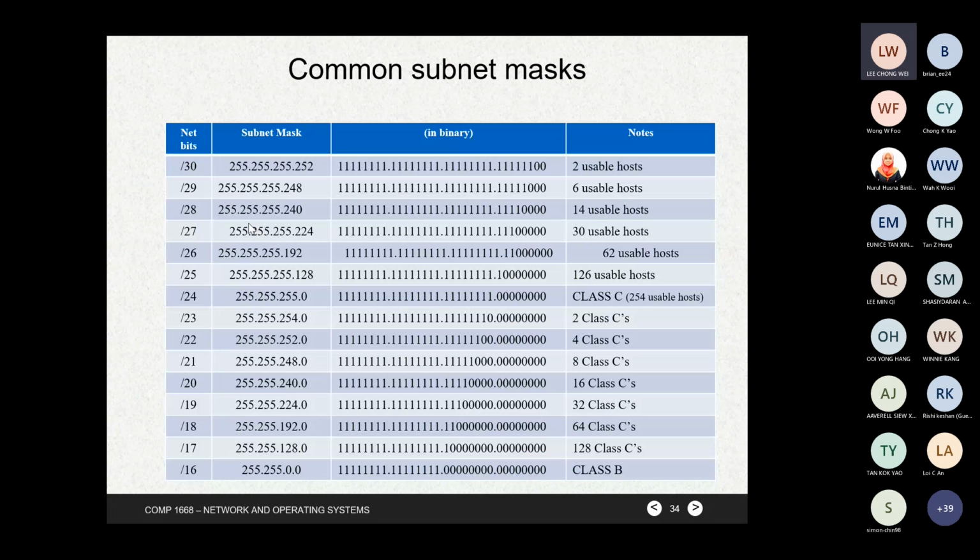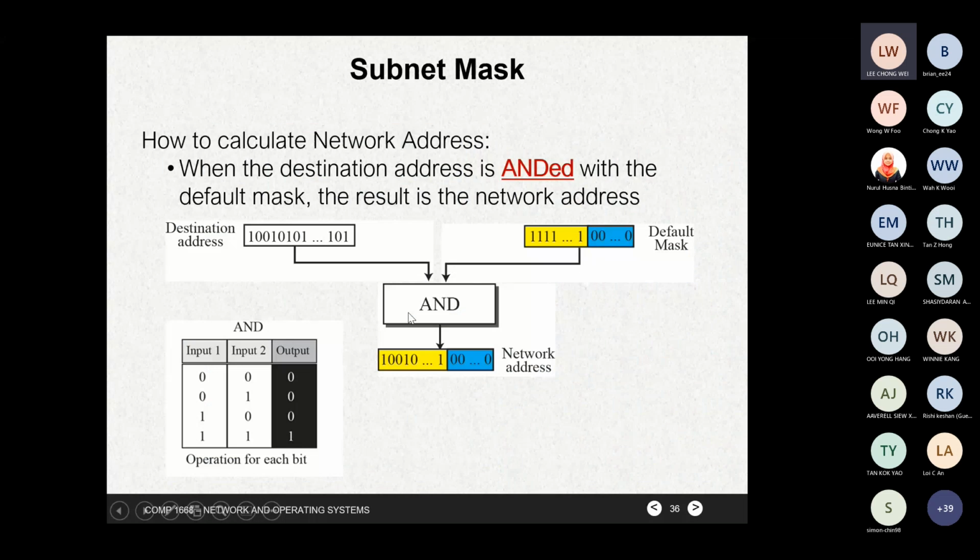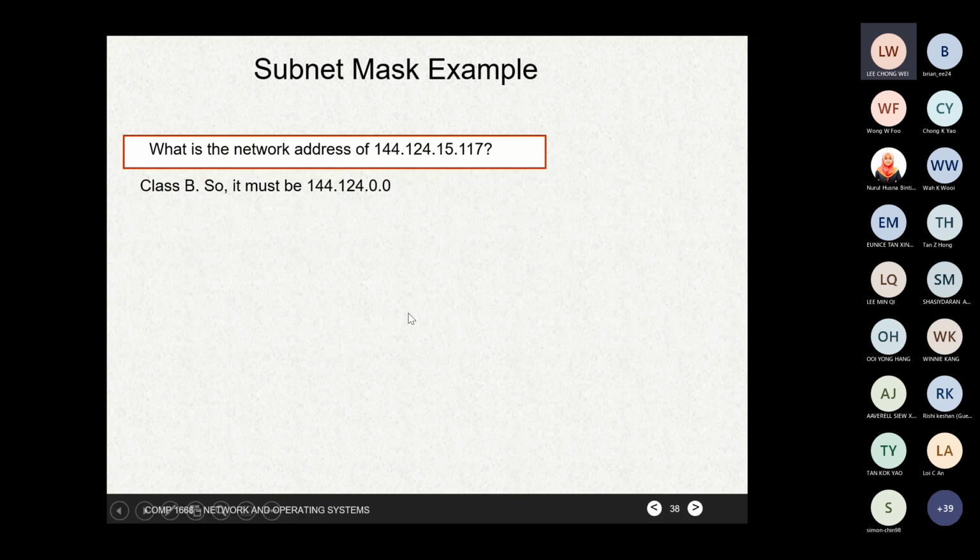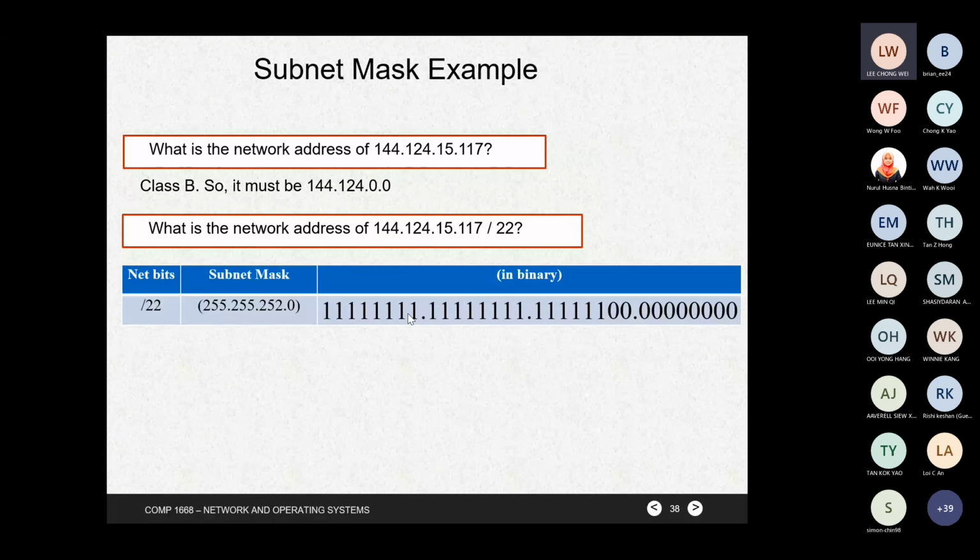But normally we don't use that many hosts. We don't need that. If you convert this into binary, this is how it looks: 255, 255, 252, 0. This is equivalent to slash 22, the subnet mask for class B.